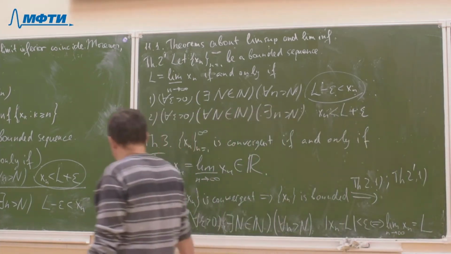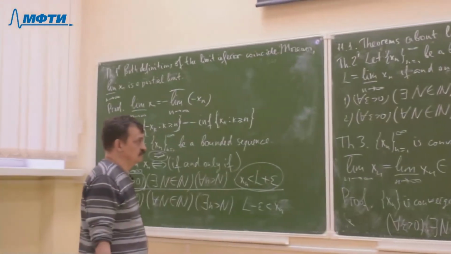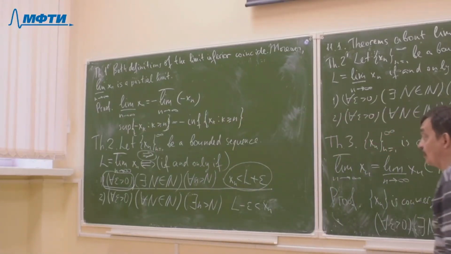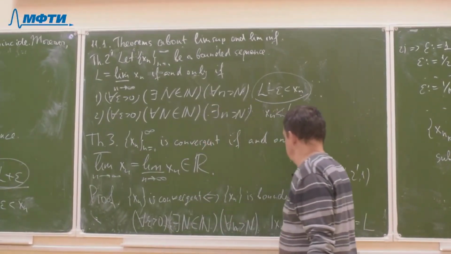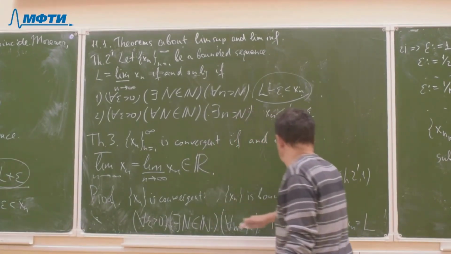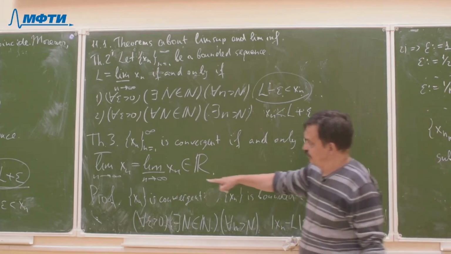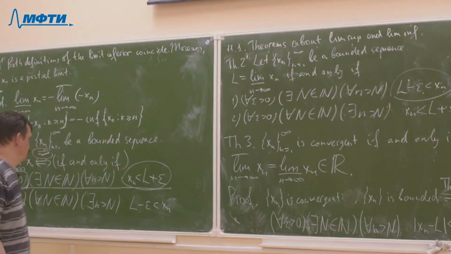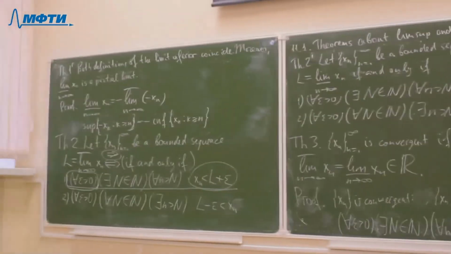And in fact, the converse is also similar. So if we have both limits coincide, then we take the same number L in both assertions. Altogether, they mean that one, right?